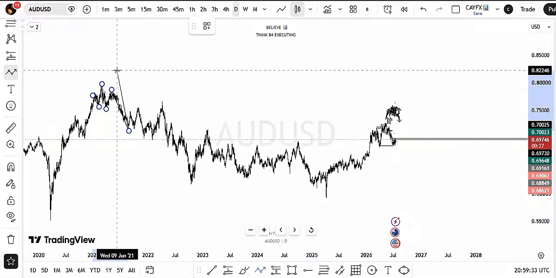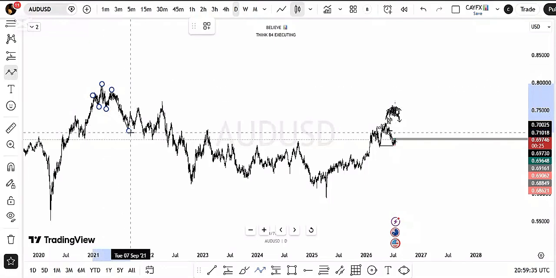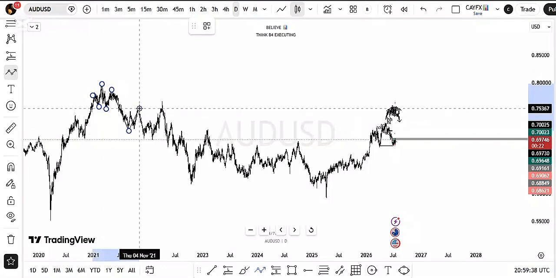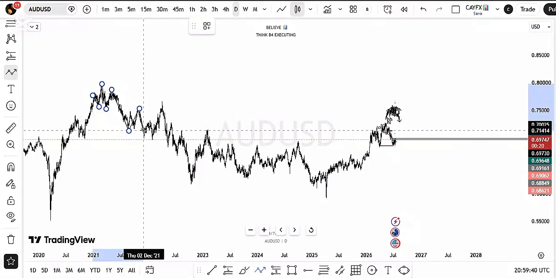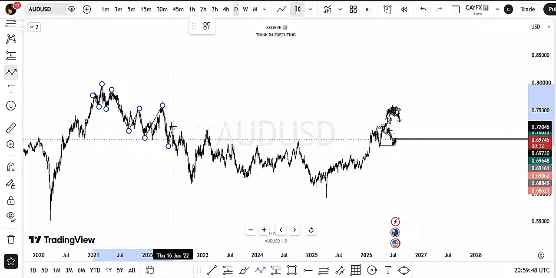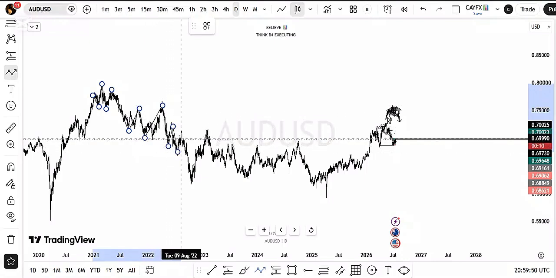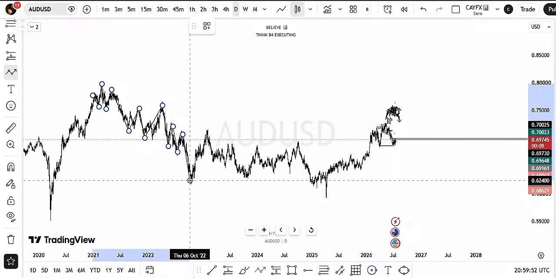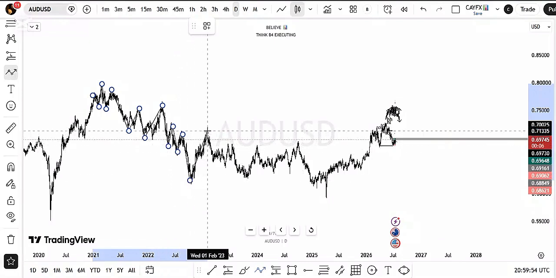Instead of creating a new higher high, it came back and broke it, then gave you a lower high, a lower low, lower high, lower low, lower high, lower low. Change, see what I mean.